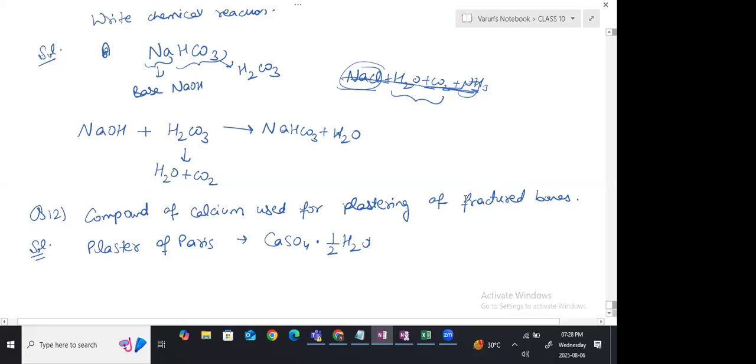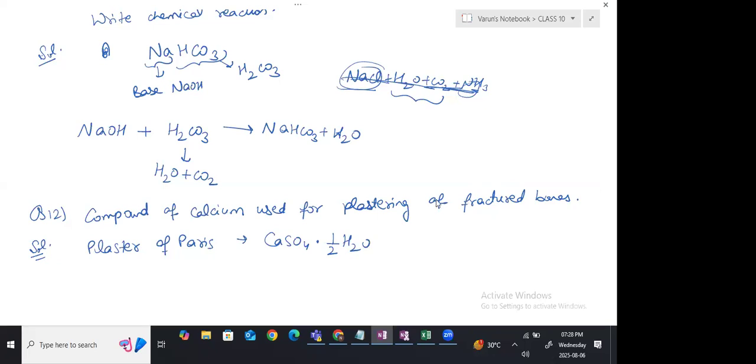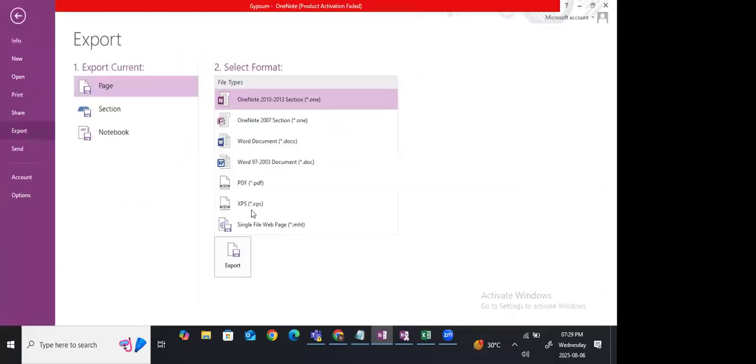Clear? Yes. For the next class, you have to learn about the salts. There will be an oral test maybe for the salts only. Clear? Yes, ma'am. Anything else that you want to ask? No, ma'am. Everything is clear regarding salts? Yes, ma'am.